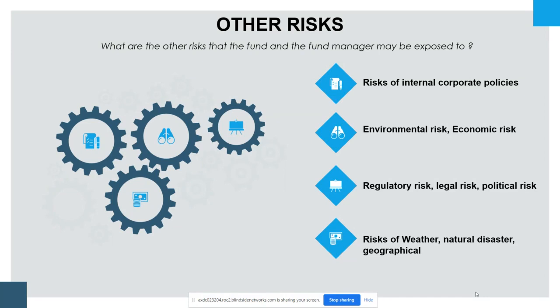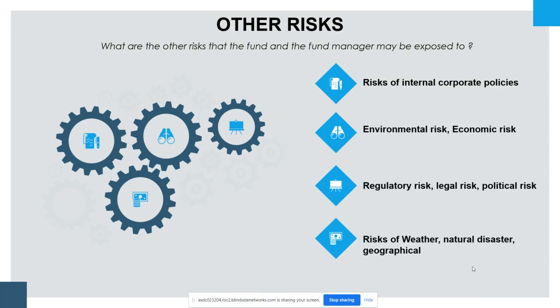When the fund decides to invest inside the country or in cross-border emerging markets, we can see here the internal corporate policy. So if the company that the fund decides to invest in changes the policy, it can totally change the governance and the treasury, making the evaluation of the bond less attractive or more attractive.